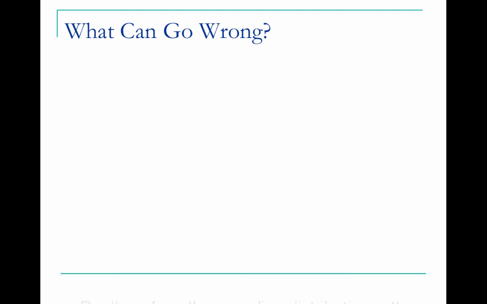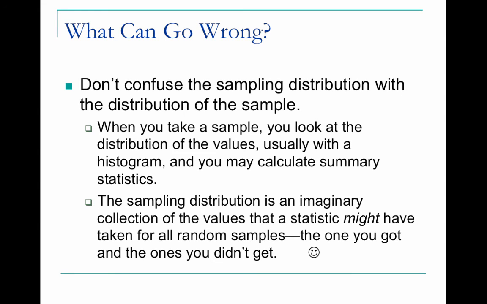But what can go wrong? So we don't want to confuse the sampling distribution with the distribution of the sample. It's very easy to do so. When you take a sample and you look at the distribution of the values, usually with a histogram, you'll calculate a summary statistic. For categorical data, this will be a proportion, and for quantitative data, this will be a mean. The sampling distribution is an imaginary collection of values.